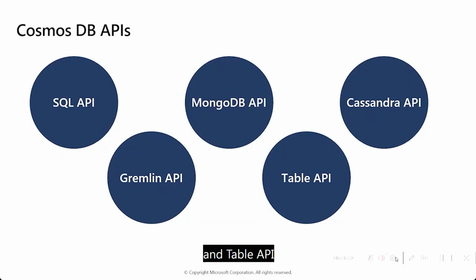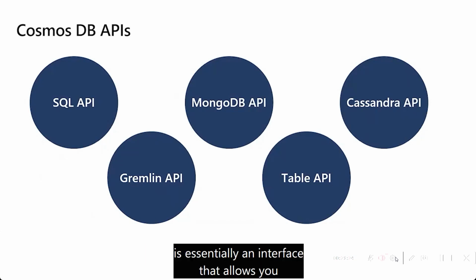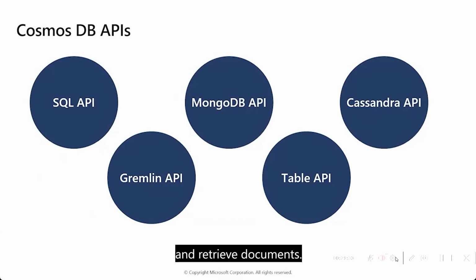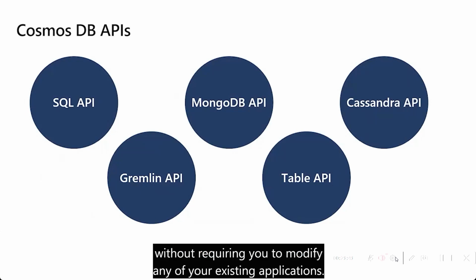The Table API is essentially an interface that allows you to use the Azure Table Storage API to store and retrieve documents. The purpose of having this API is really to allow you to switch from table storage to Cosmos DB without requiring you to modify any of your existing applications.